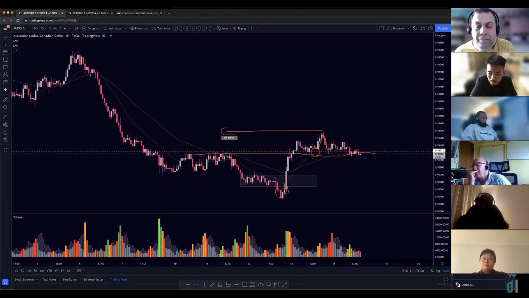And we can see here the type B of trap. Yep. So we have the V, we have the range here. It seems to break down this range, and now we are in a test, and I expect a sell from here.